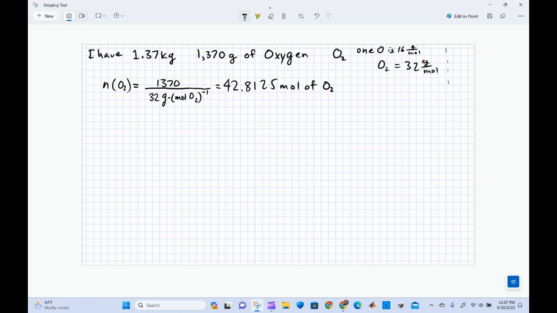Now, if you want just oxygen, you just have to multiply that by two because that's what happens. Or you can multiply by two and get 85.625 moles of oxygen.